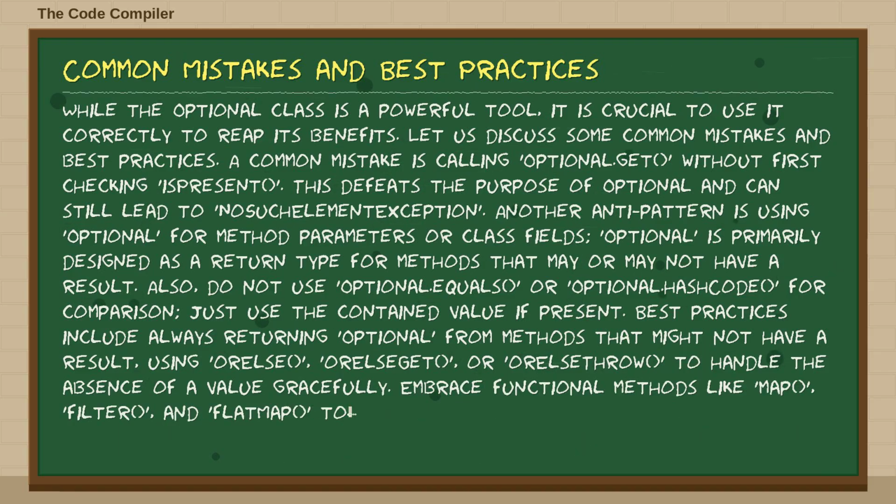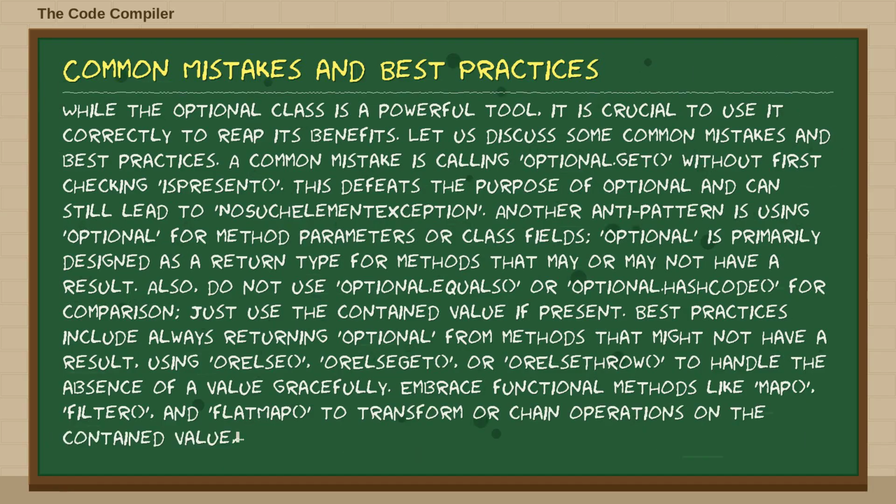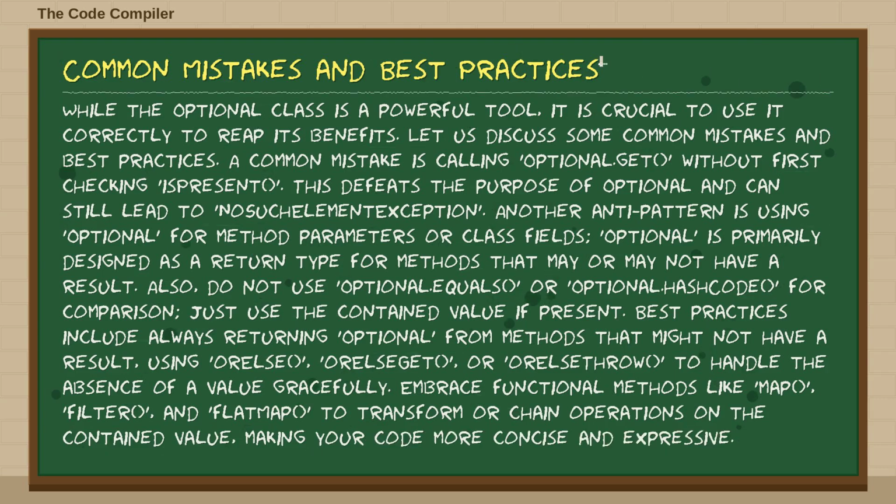Embrace functional methods like map, filter, and flatMap to transform or chain operations on the contained value, making your code more concise and expressive. Remember, Optional is not a replacement for every null check, but a tool for making the absence of a value explicit and handling it effectively.